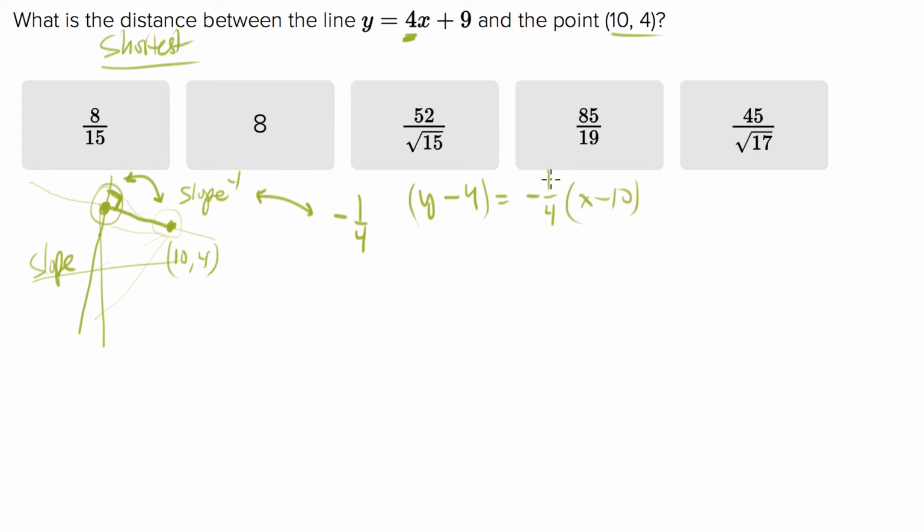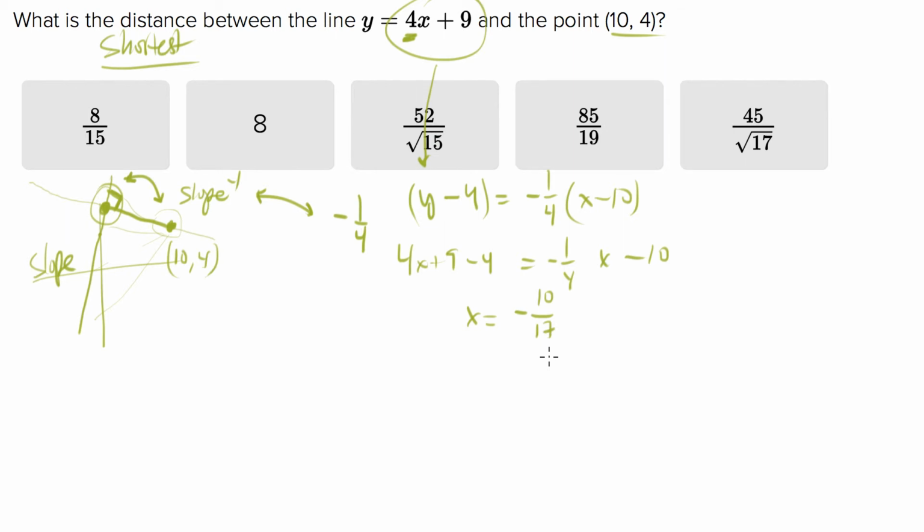Then what you need to do is a substitution. So I'm going to take y equals 4x plus 9, and I'm going to shove that in here. So you get 4x plus 9 minus 4 equals negative 1/4 times (x minus 10). And if you solve that, what you will get is x equals negative 10/17.